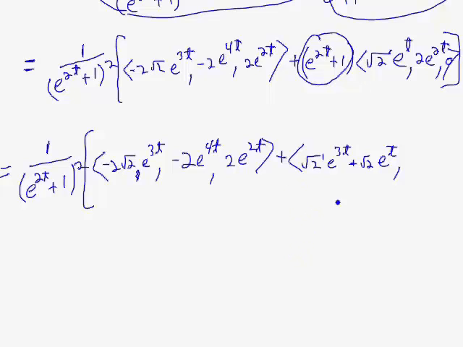For the second component, which I'll write down here, I'll get 2 e to the 4t plus 2 e to the 2t, and the third component will still be 0.